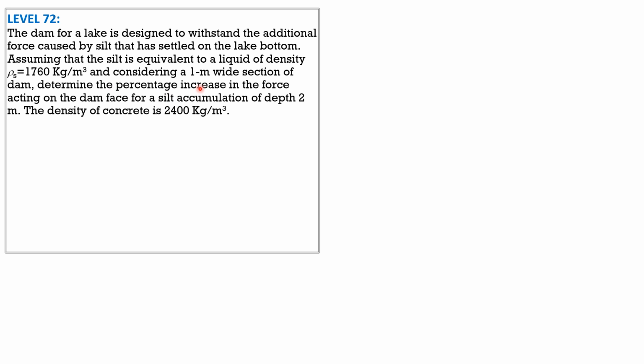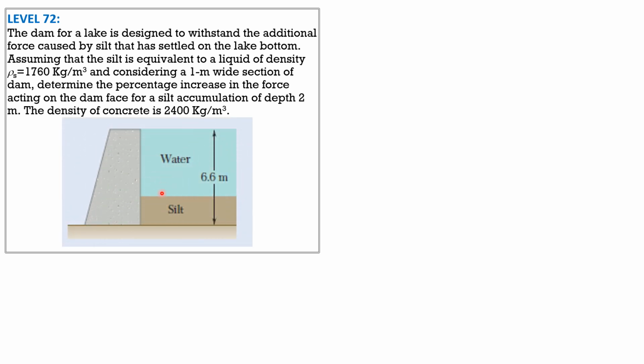And considering a 1 meter wide section of dam, determine the percentage increase in the force acting on the dam face for a silt accumulation of depth 2 meters. The density of concrete is 2,400 kilogram per cubic meter, or the specific gravity is 2.4. So this is the figure.